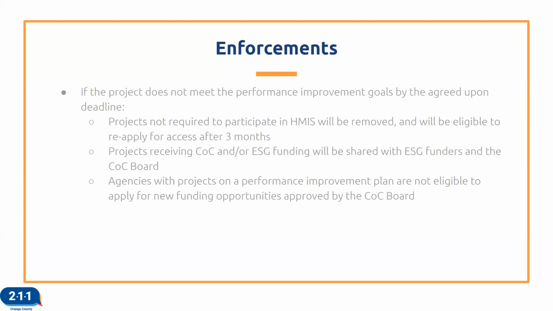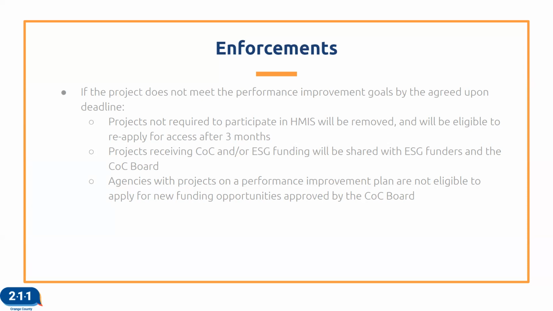If your project is not getting funding that requires HMIS participation, you will be removed from HMIS, and then you'll be allowed to reapply for access after 3 months. If the project is receiving COC or ESG funding, we will be letting the ESG funders know, as well as the COC board. And then any agencies that are with projects on a performance improvement plan are not eligible to apply for new funding opportunities approved by the COC board.